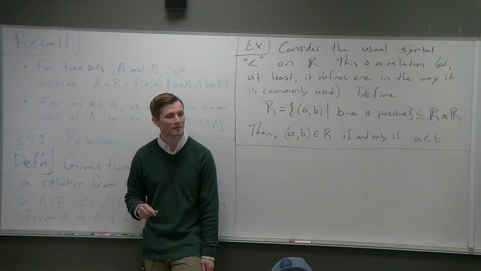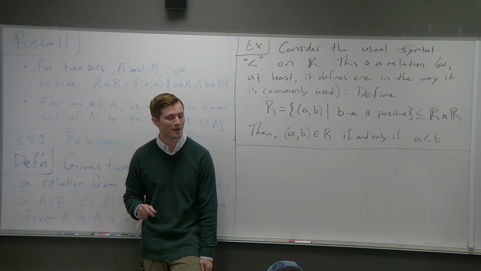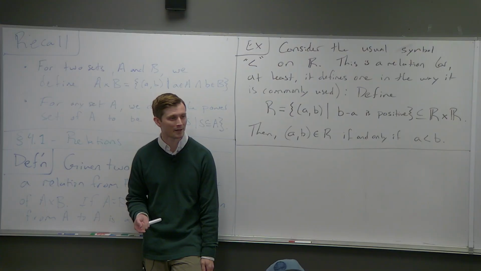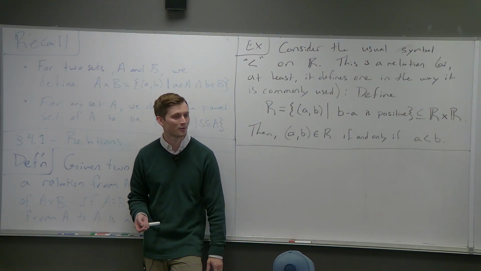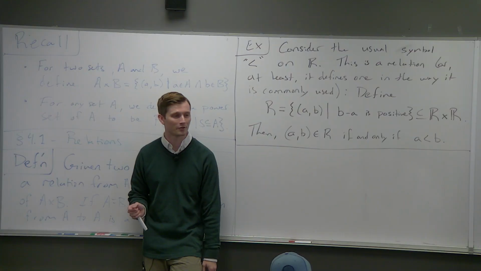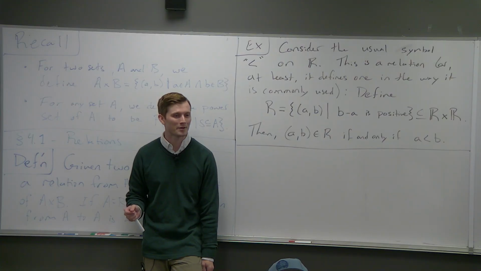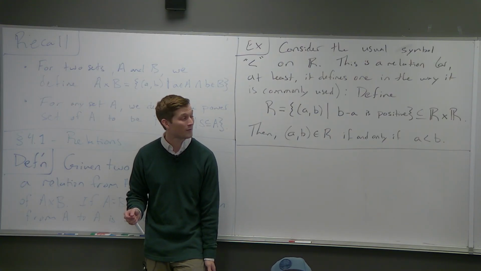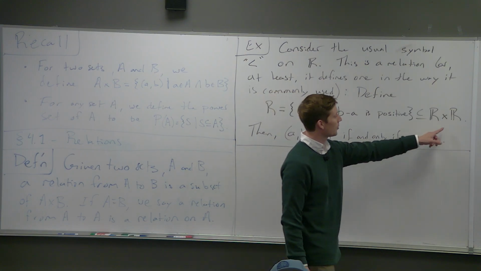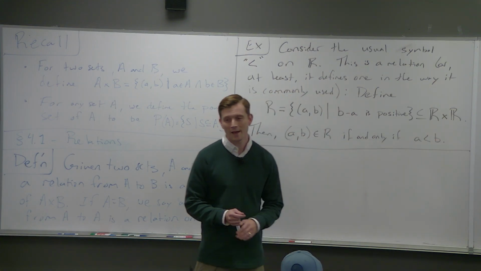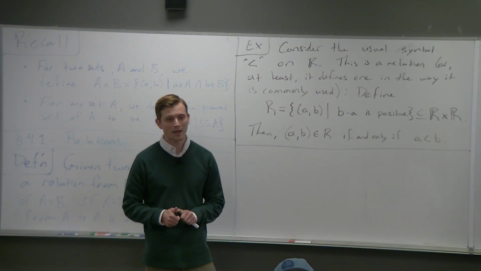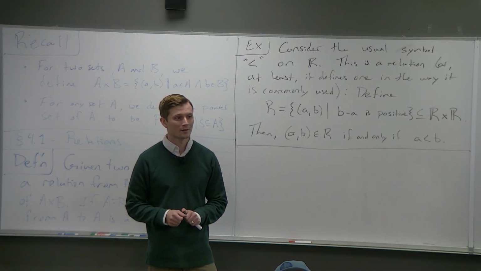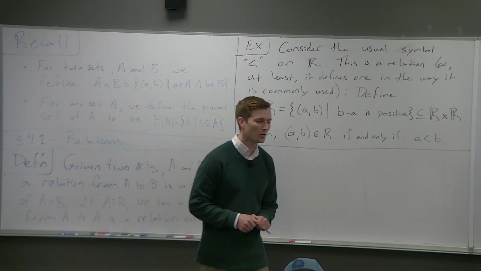Any way you could possibly want to describe some things as being paired together and other things as not being paired together defines a relation. Relations are that general of a thing. They're just subsets of a Cartesian product. We give them a special name of a relation. But if you think about it, every little symbol you put between sets describes a relation. Kind of nice. Okay, kind of cool.